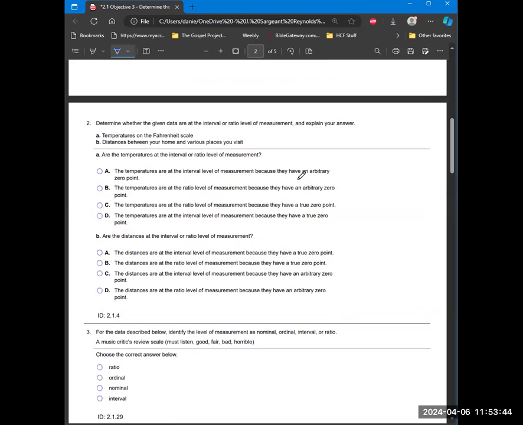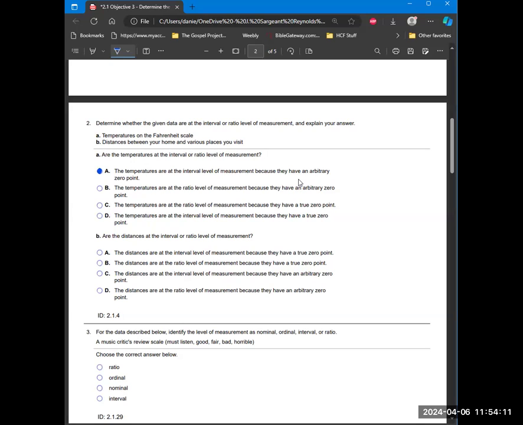Determine whether the given data are at the interval or ratio level of measurement and explain your answer. Well, there we go. The first thing here is temperature on the Fahrenheit scale and it's interval, because it doesn't have a true 0. So that's A. It has an arbitrary 0 point.